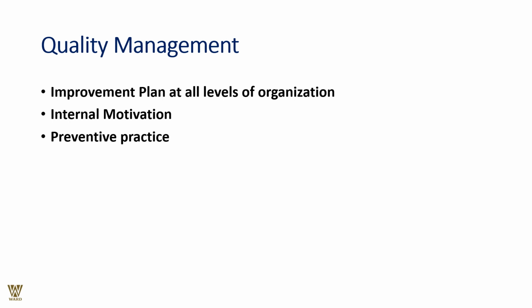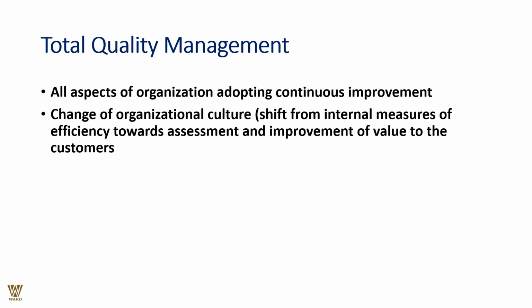We need to keep it as a zero accident zone, absolutely, for the premises of the plant, machinery, and the offices thereabout. So total quality management, all aspects of the organization adopting continuous improvement, changes of organization culture, a shift from internal measures of efficiency towards the assessment and improvement of values of the customers, as the case might be. This needs to be understood absolutely at the basic level.